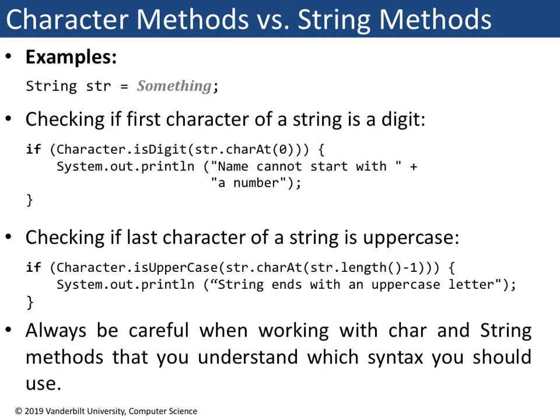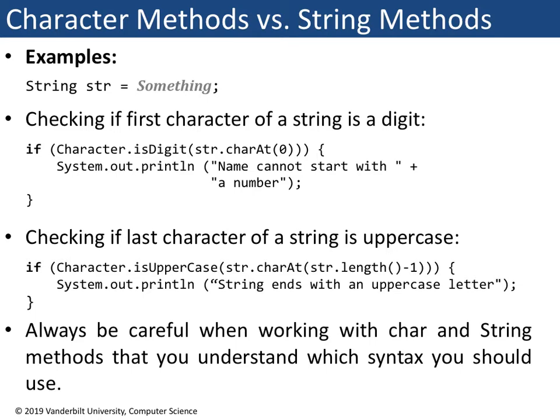So let's consider how to use both the Character wrapper class and string object methods to accomplish functionality. So in this first example, we want to check to see if the first character of a string is a digit. Well, there's a handy method built into the Character wrapper class, which is the .isDigit method that will return a boolean of true if a character is a digit. But a string is not a char, so we can't pass the string directly to the Character wrapper class.